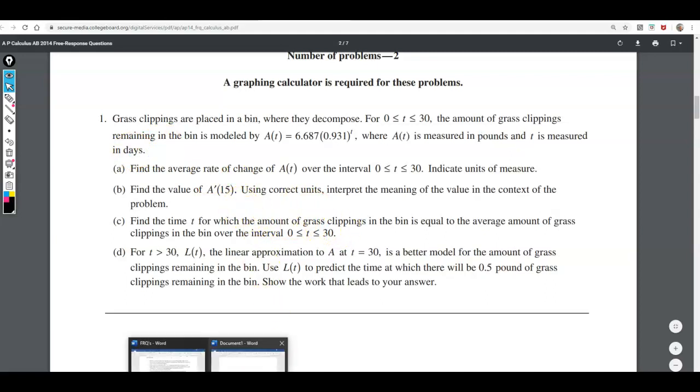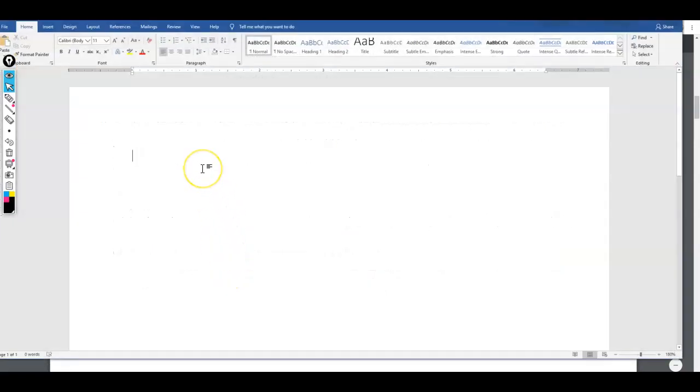So how I would interpret it is I would say the amount of grass at t equals 15 days is decreasing at a rate of negative 0.164 pounds per day.